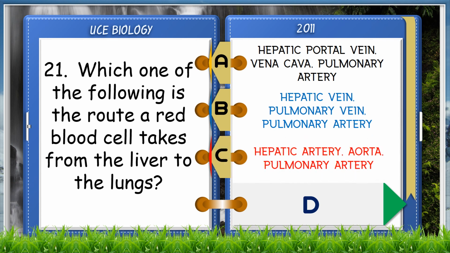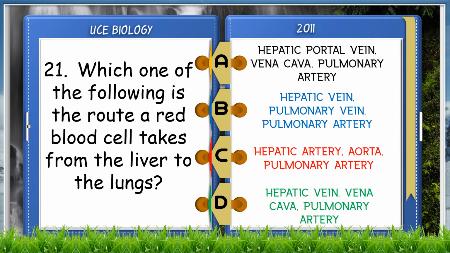C. Hepatic artery, pulmonary artery. D. Hepatic vein, vena cava, pulmonary artery. The answer is D. Hepatic vein, vena cava, pulmonary artery.